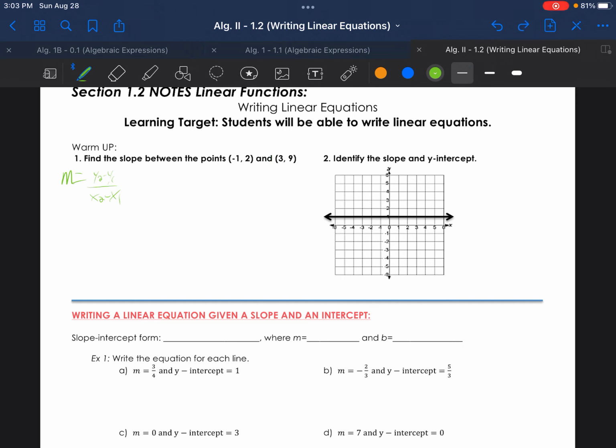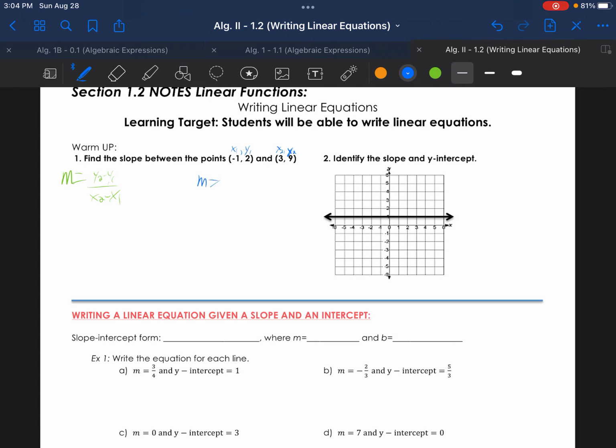Just pick one. I always try to pick the bigger y to be the y2, just so that way I'm doing a bigger minus a small number. So because of that, I'm actually going to pick the second one to be x2, y2, and the first one to be x1, y1. But however you do it is fine.